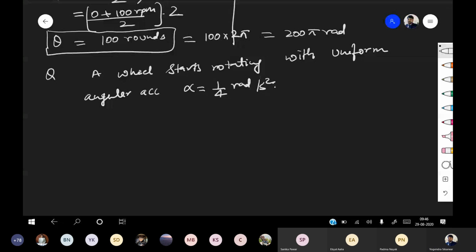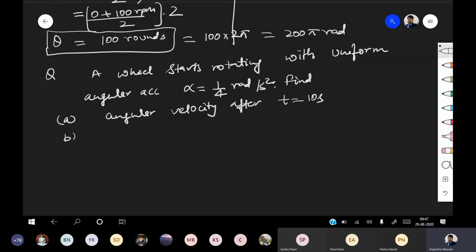Find A, the angular velocity after t is equal to 10 seconds.